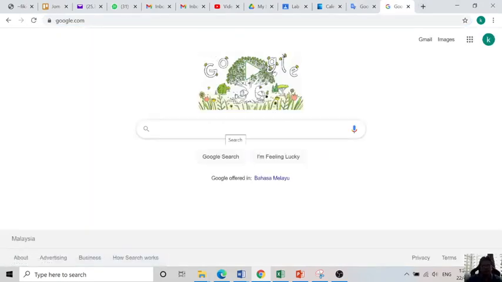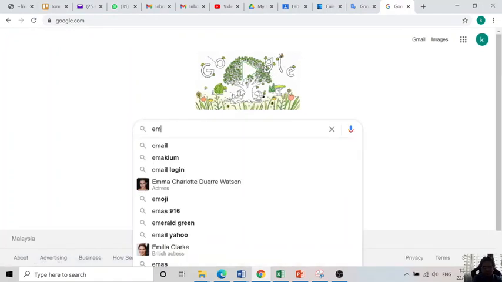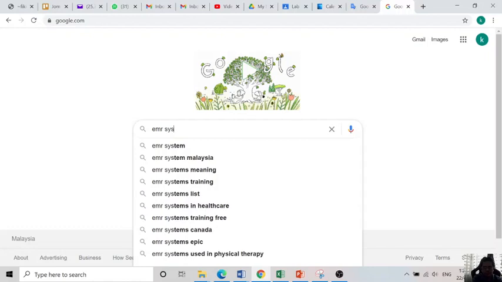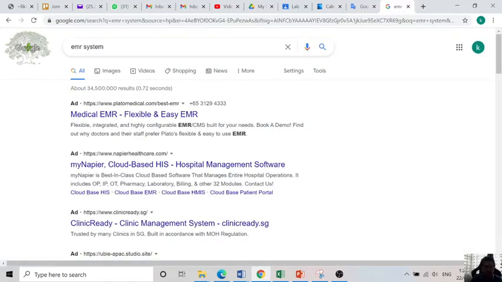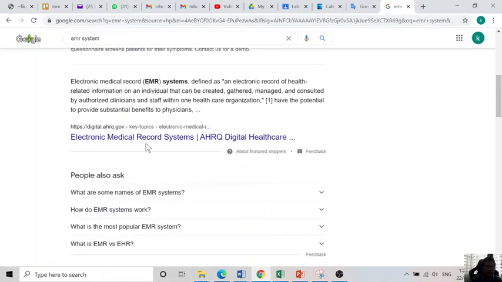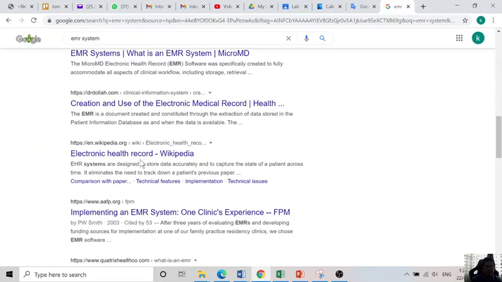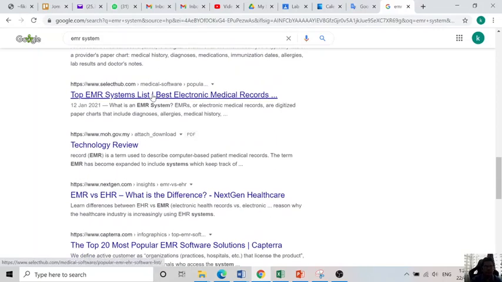Just put here telemedicine or EMR system, and search. You skip the ads, and a lot of articles regarding EMR will be produced. This is a Wikipedia; skip the Wikipedia. Look at the credible databases.